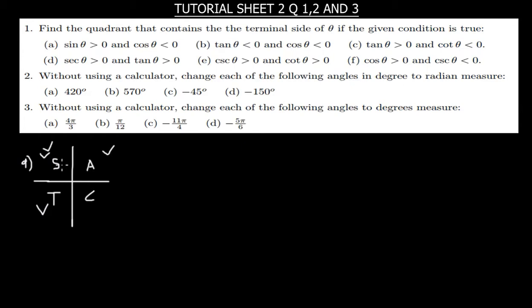For instance, sine is only positive where there is a sine and in the first quadrant. Cos is only positive where there is cos and in the first quadrant. Tan is the third quadrant and the first quadrant. So where you are going to find two ticks, that's where your answer lies.